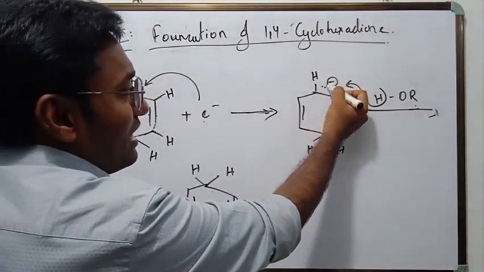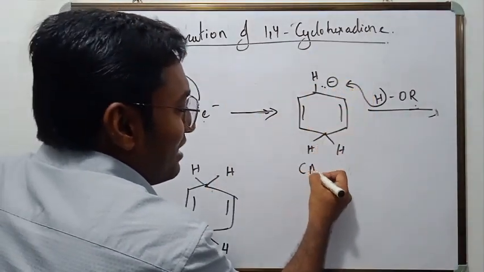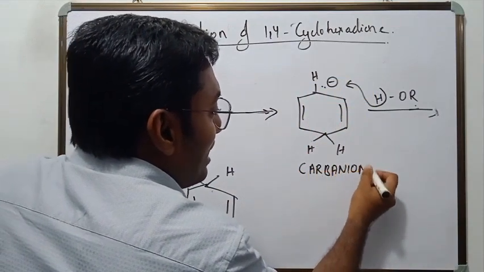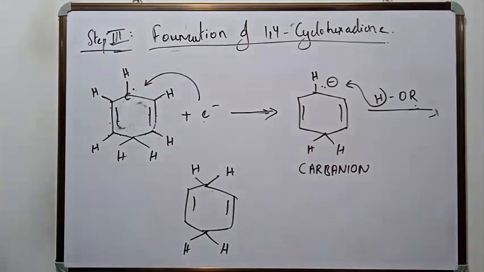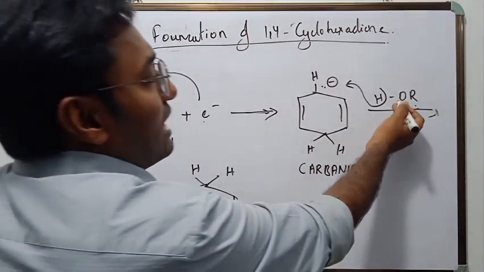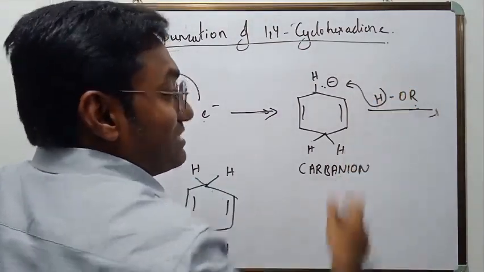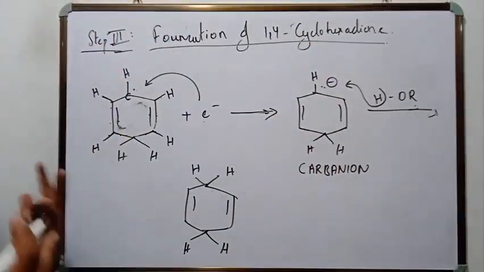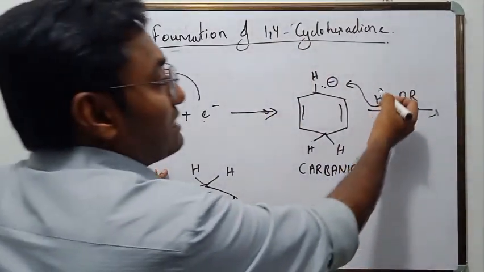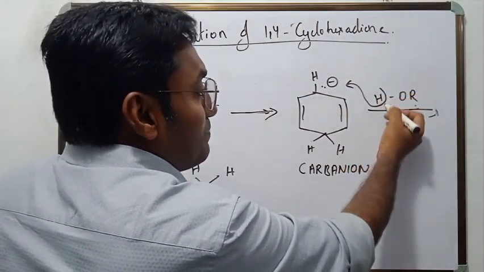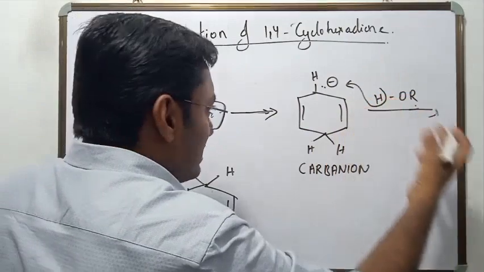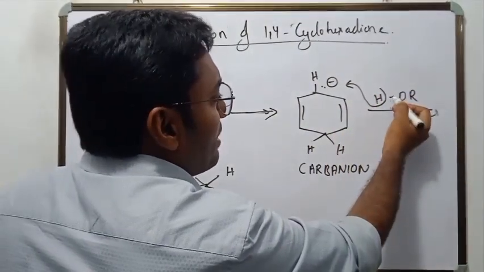Again this becomes a carbon anion, and as we have seen earlier also, a carbon anion is a very strong base. So strong that even a weak acid like alcohol acts as a strong acid because of the presence of this powerful base. And it acts as a Lowry-Bronsted acid. H plus is dissociated. When H plus is dissociated, as I said earlier, it leaves its pair of electrons with OR minus.